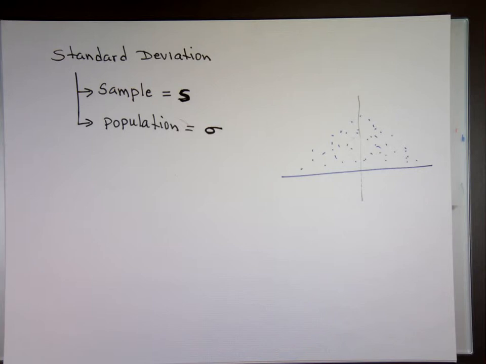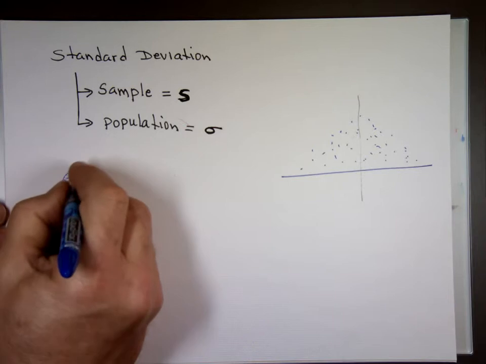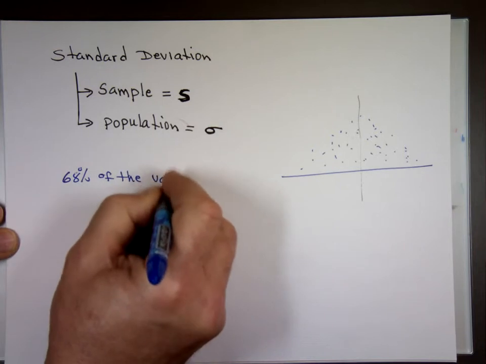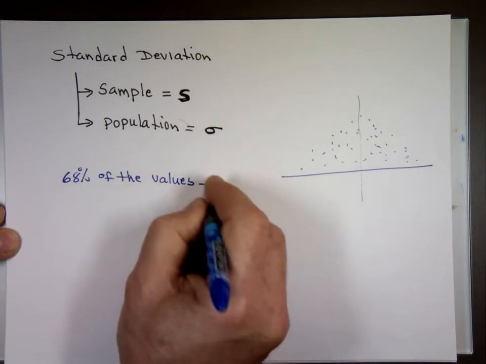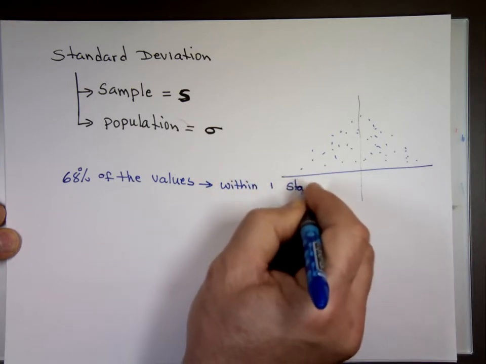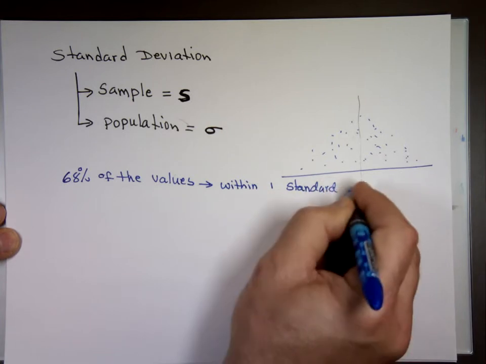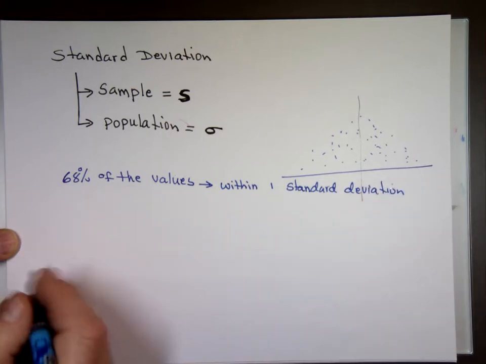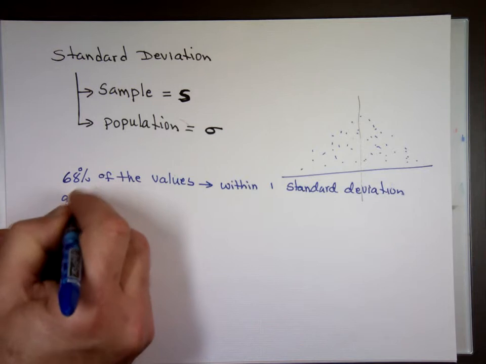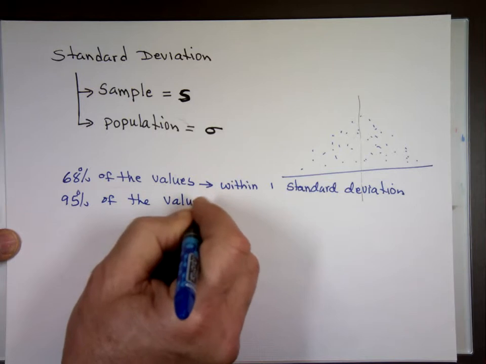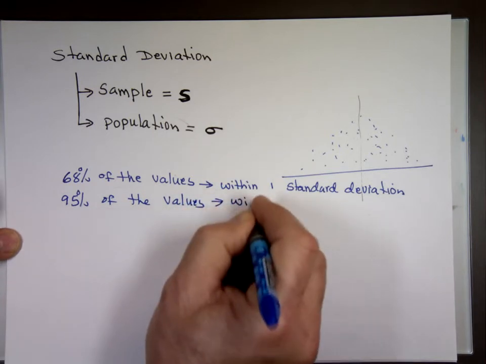And I'm going to give you some facts about the standard deviation. We'll prove that later. You're going to find out that 68% of the values usually land within one standard deviation. 95% of the values land within 2 standard deviations.